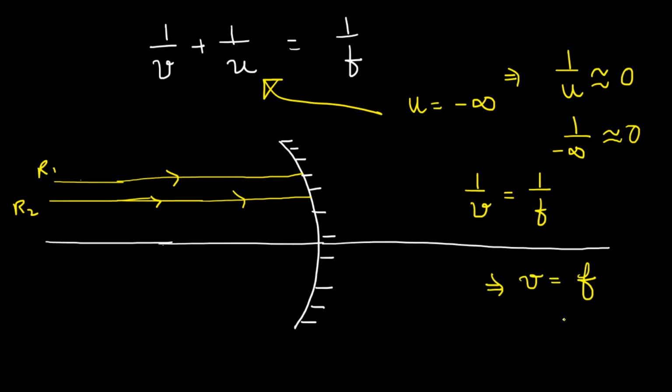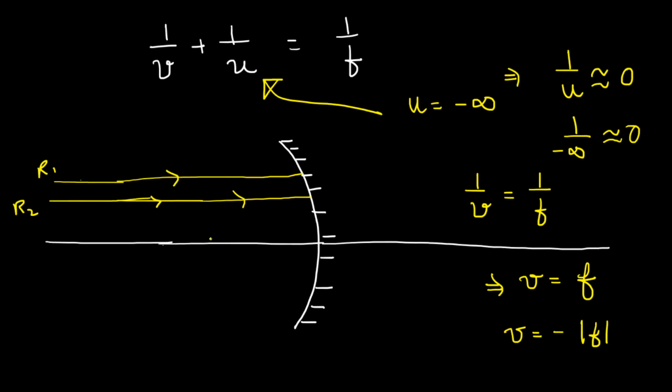Now what this means is that, let's say for this example, v is equal to some minus value, because f for a concave mirror is negative, some minus value, in fact minus of the focal length. I'm just talking about the modulus of the focal length, but I think you understand.